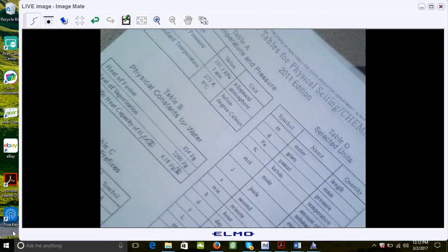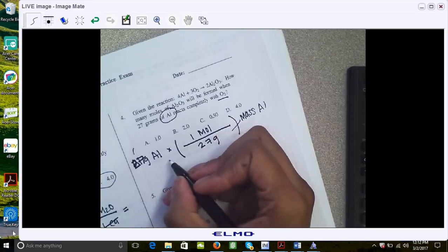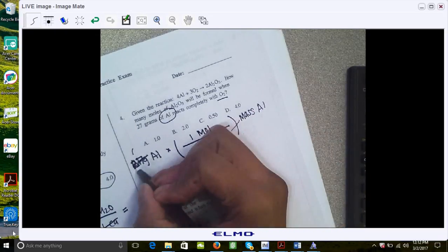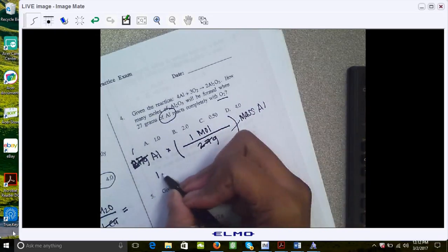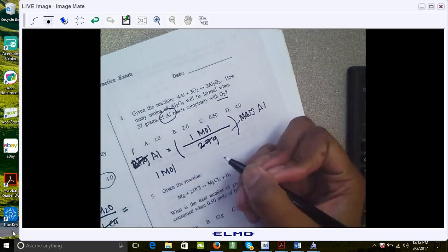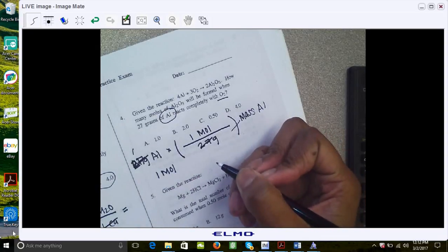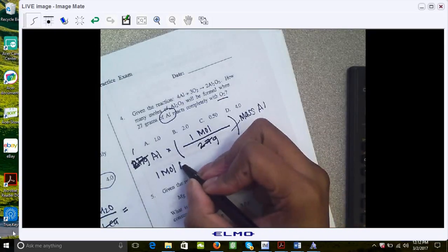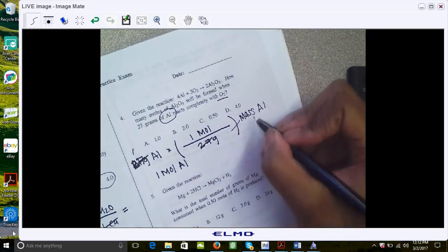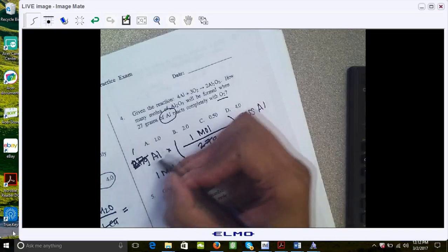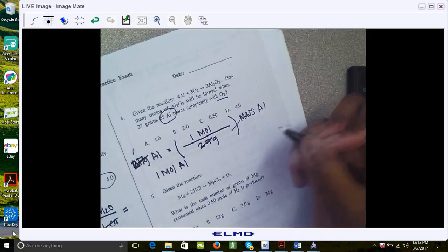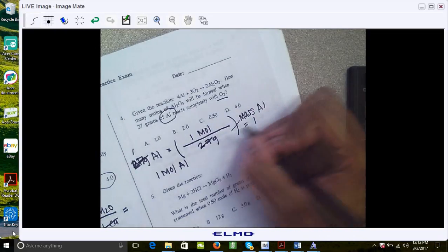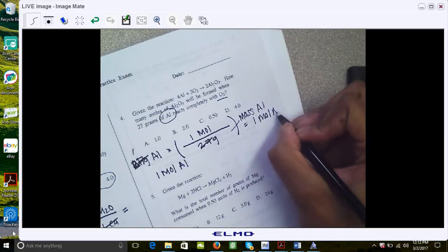Oh, okay, cool. So I have 27 grams and there's 1 mole. So 27 is going to come out to be 1 mole. So in class, someone told me it was 24, so I should always check. I cross across, so 27 divided by 27 is 1. So 1 mole of aluminum.